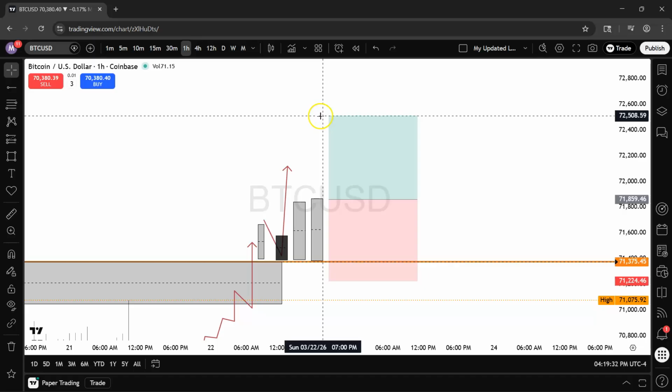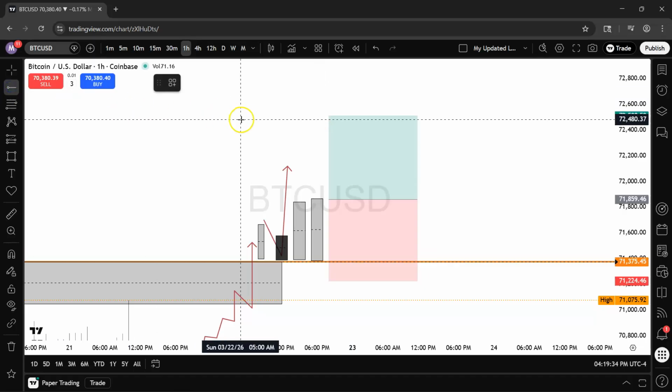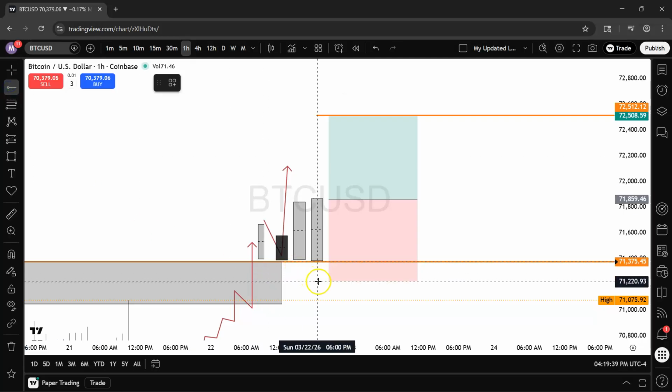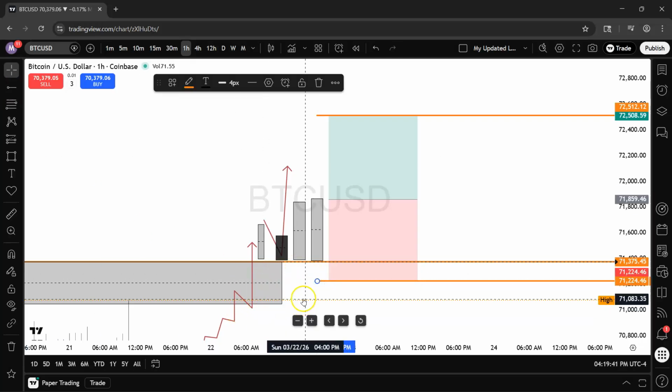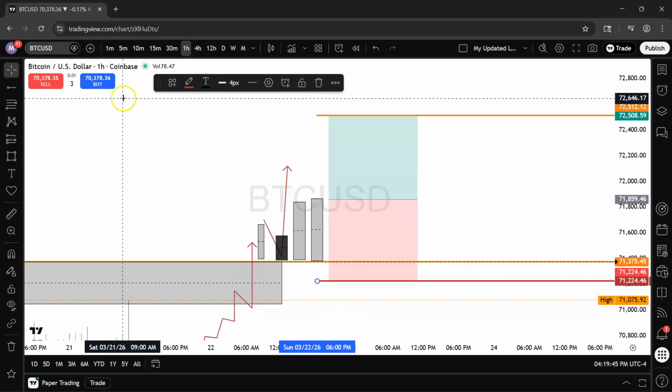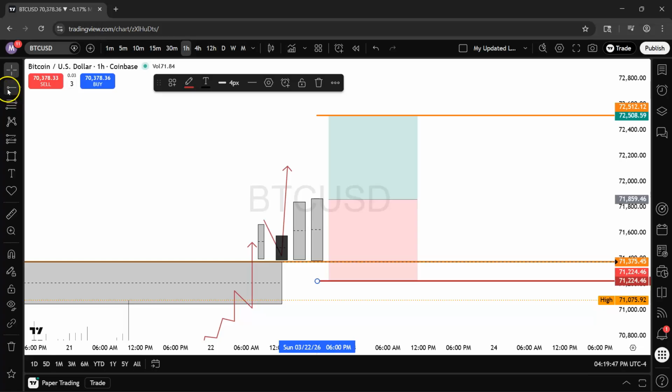I'm setting my TP, take profit, up here, and I'm setting my stop loss down here. I'm going to make that line red. That's my stop loss. And then I'm going to make this one green.